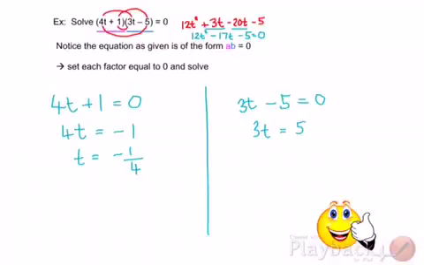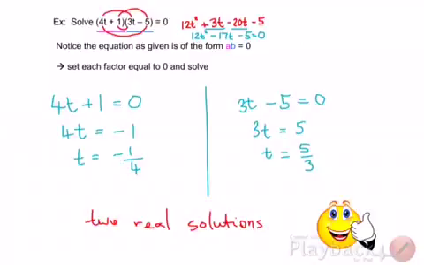And then when I bring the 3 over, it becomes divide, so it's 5 divided by 3. So my two solutions for that equation are t is equal to negative 1/4 and t is equal to 5/3. So that means I've got two real solutions. Okay, that one and that one.